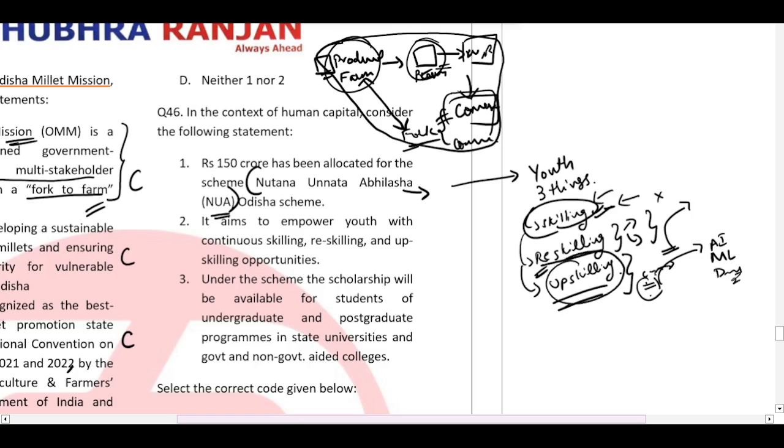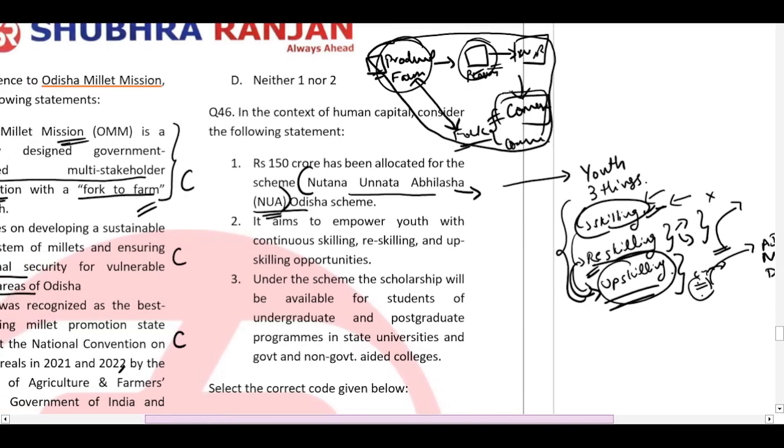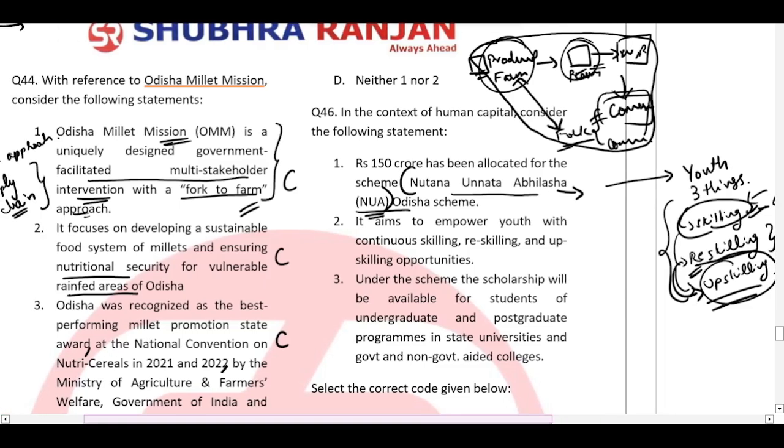This is upskilling. It will put you in a better position in the job market. So the government is trying to focus on skilling, reskilling, and upskilling of the youth of Odisha through the Nutana Unnata Abhilasha Odisha scheme. You can use these words even in the introductions, conclusions. If you had observed, even PM Modi uses skilling, reskilling, and upskilling a lot in his speeches.